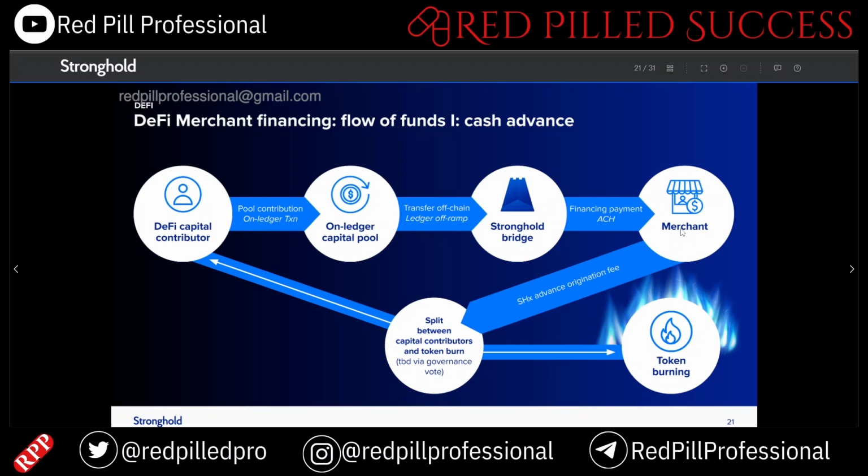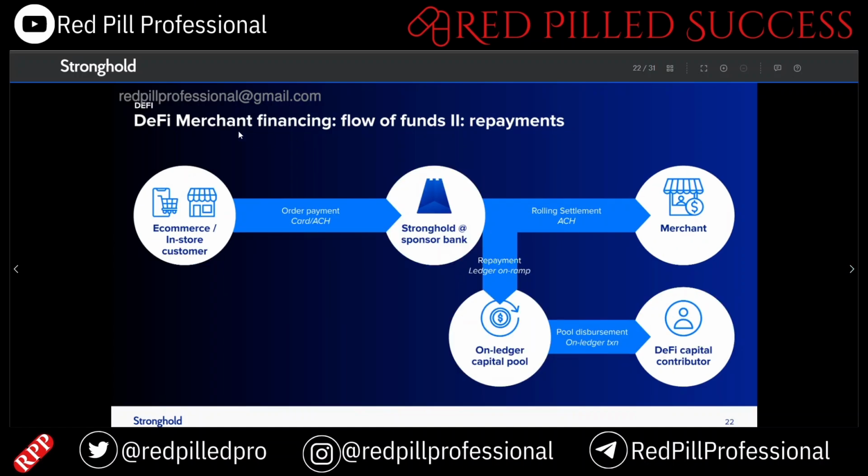That actually works with the SHx token, and there will be some amount of tokens burned as well, and what is not burned will go back to the DeFi capital contributor as a reward.